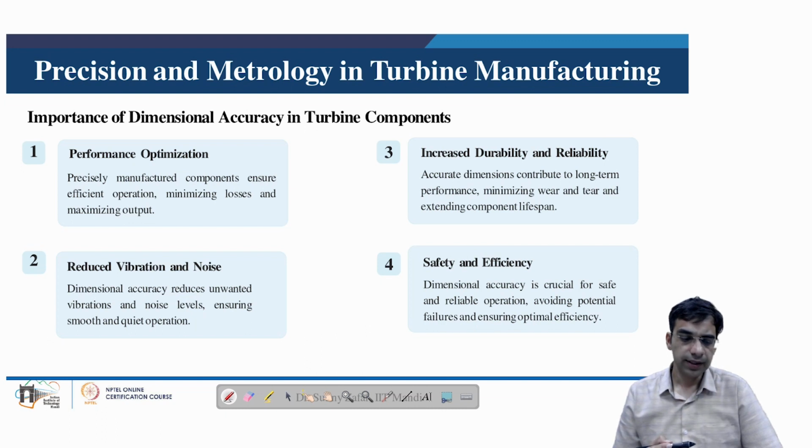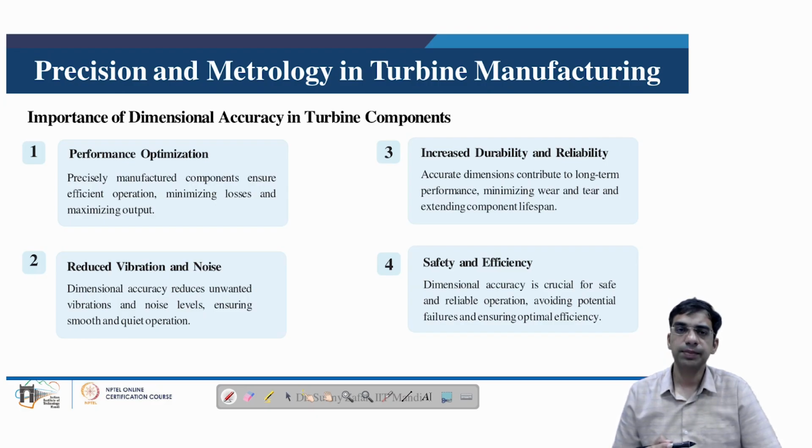So because of this, if the dimensional accuracy is not taken care of properly, then unwanted vibrations and noise levels will increase, and this will deviate the turbine from a smooth and quiet operation. And many a times these unbalanced vibrations may result in eccentric loading, which may also lead to complications with respect to unbalanced loads in high speed rotating machine parts.